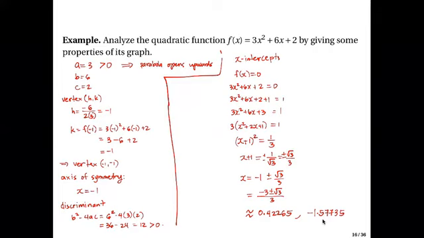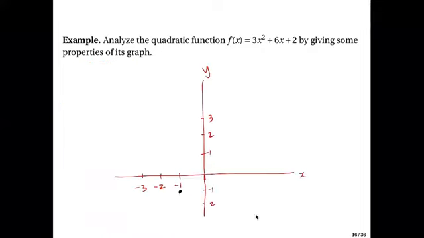Negative 0.4226. Oh, that's right. This guy here, it's negative. Okay, I forgot to put the negative there. So this guy here is negative 0.42265. So you have the negative. Okay? So now it's more correct.